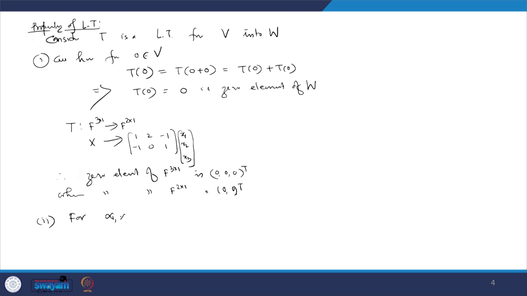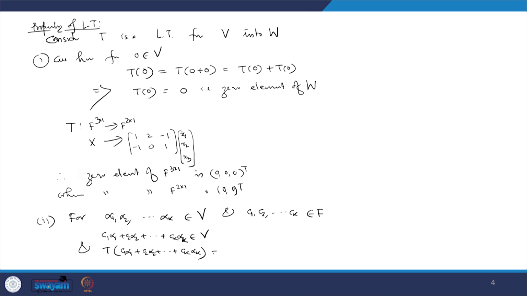For alpha 1, alpha 2, up to alpha k belonging to V and C1, C2, up to Ck belonging to capital F, where I assume that V and W are both defined over the field capital F, we see that C1 alpha 1 plus C2 alpha 2 plus up to Ck alpha k belongs to V, and T of C1 alpha 1 plus C2 alpha 2 plus up to Ck alpha k can be written as C1 T of alpha 1 plus C2 T of alpha 2 plus up to Ck T of alpha k.